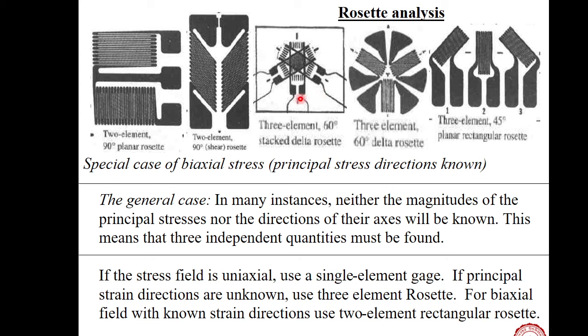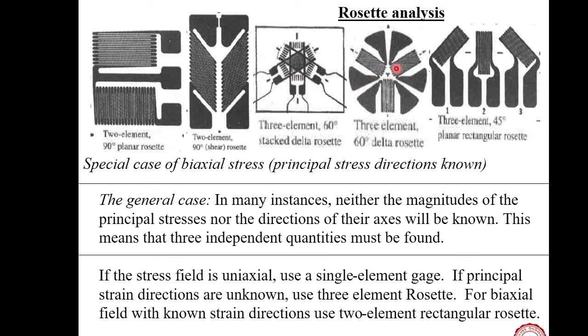So now what is the difference between these two? This requires quite a large area, and here the area required for this stacking is much less. So what is the advantage here?